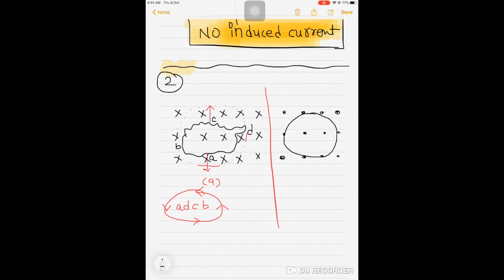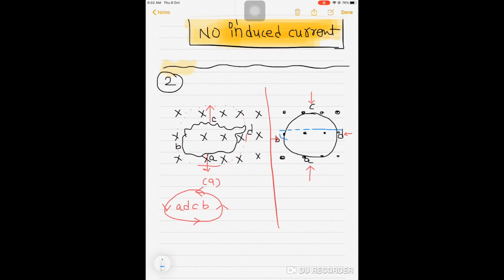So a circular loop is being deformed into a narrow straight wire, and we are given the points A, B, C and D. This part is compressed from all the directions and converted into a narrow strip like this.